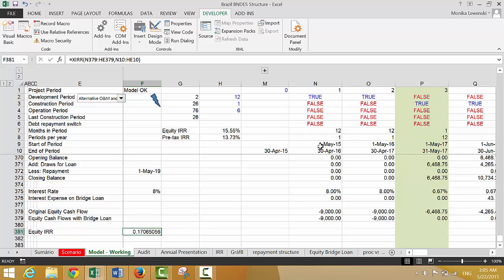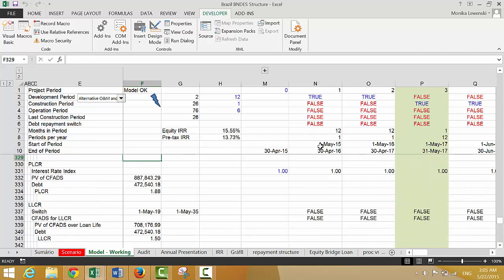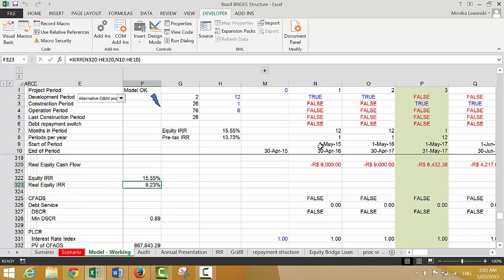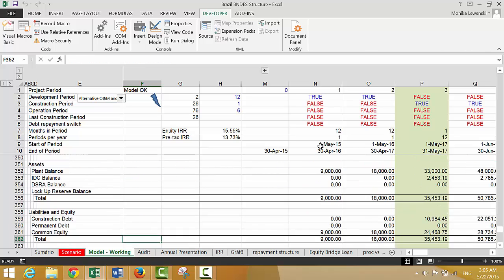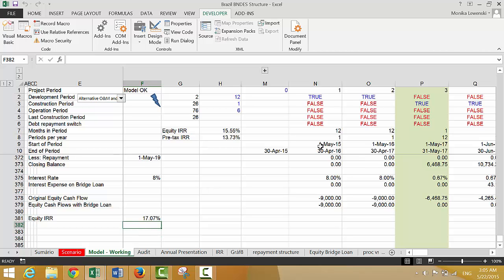Shift Control P. We used to have an IRR of, no, it didn't make that much, 15 to 17, okay? And finally, well, let's put real equity cash flows with the bridge loan.